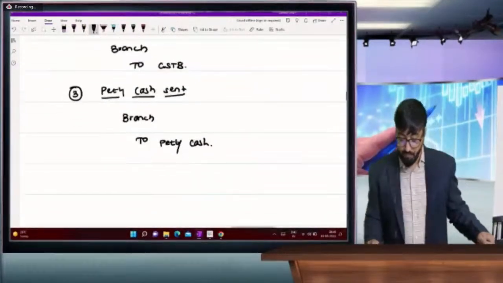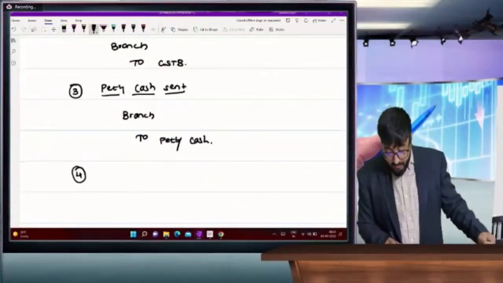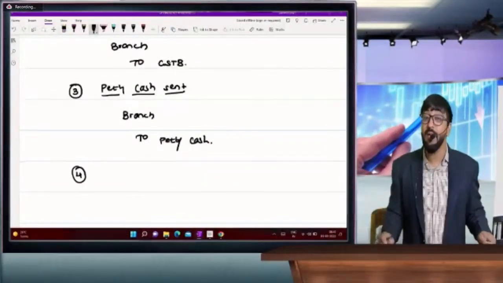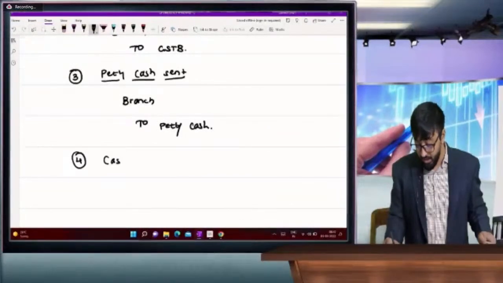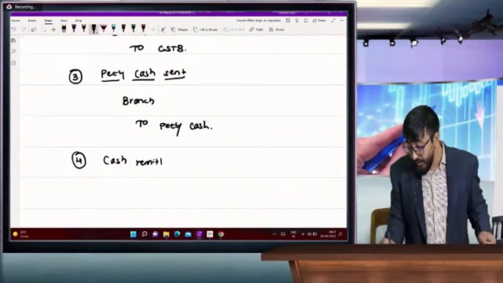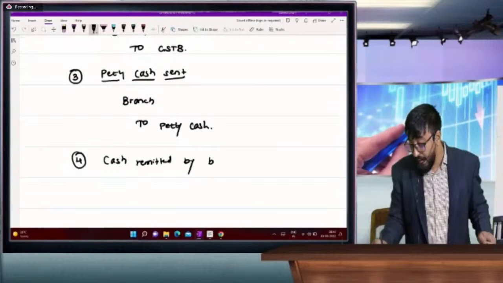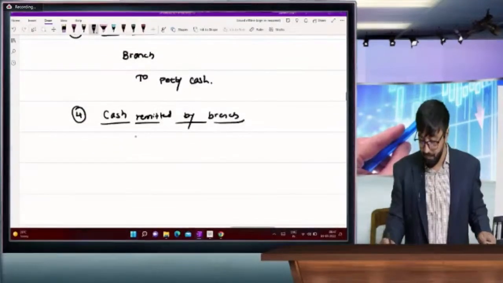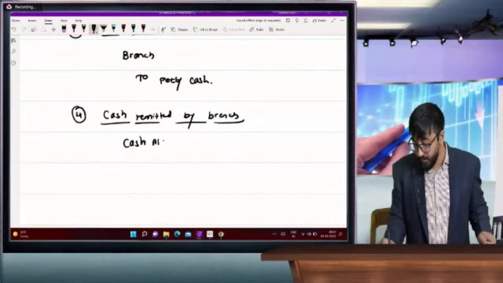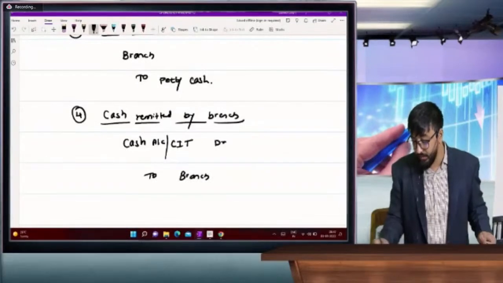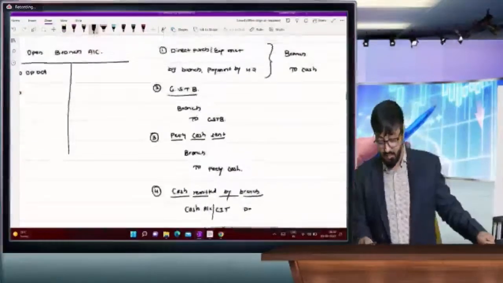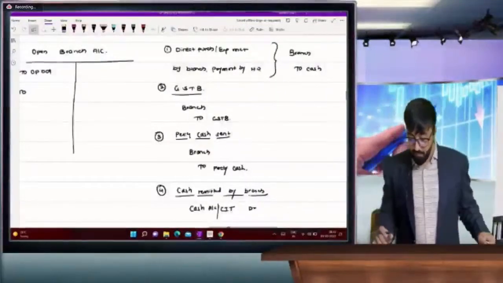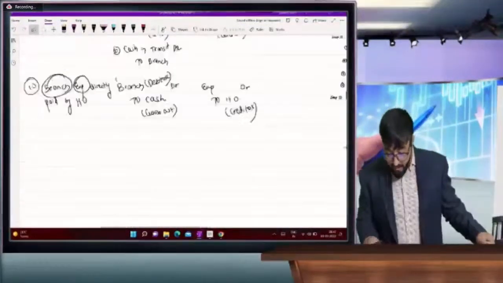Then what happens? Cash remitted by branch. So in the books of HO, cash comes in. So cash account debit to branch, or cash in transit. How many entries?